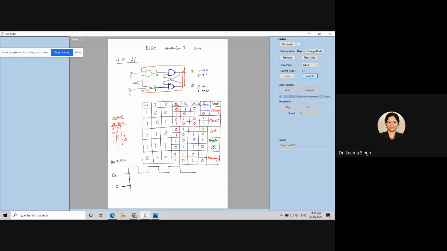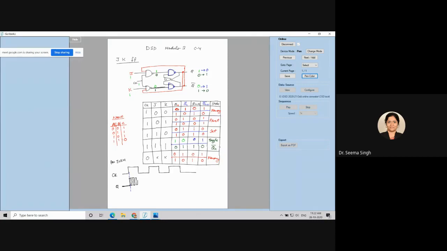Now, Q became 1, clock is still high, feedback is still true. So what will happen? It will become 0 again because clock is high. Now when it became 0 again, still the feedback is available, still the clock is high, it will become 1 again. And this keeps on happening till the clock is high.